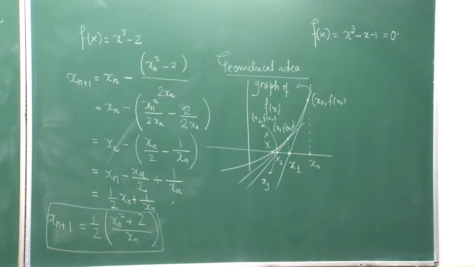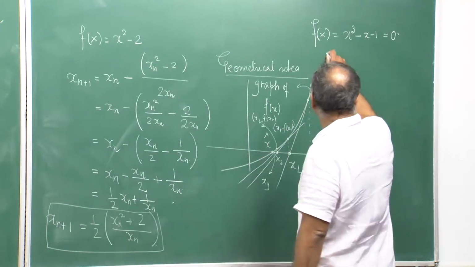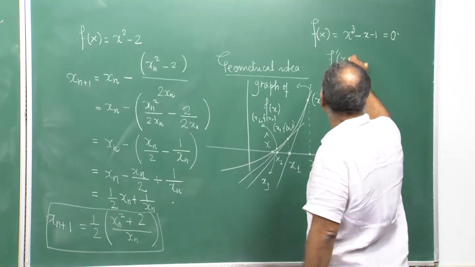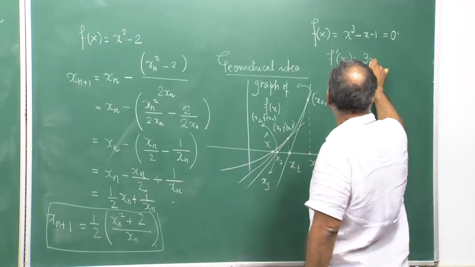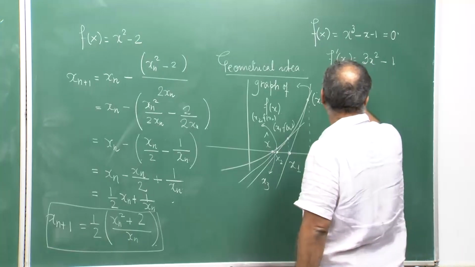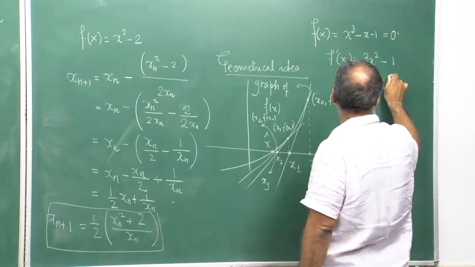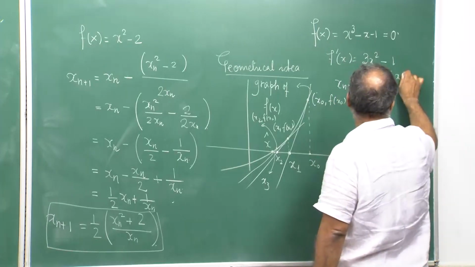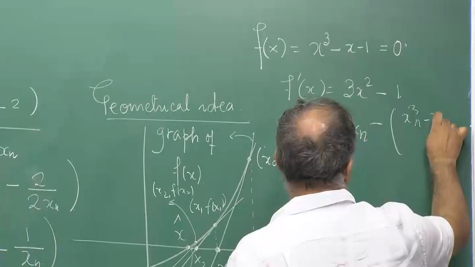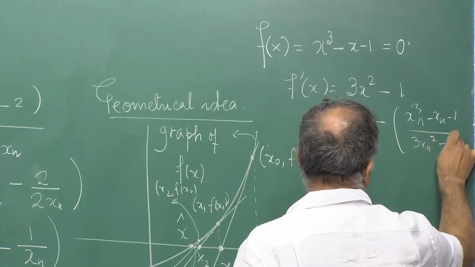You will start with some point and then start moving in, and here you have to find f dash x equal to 3x square minus 1. So your x(n+1) in this case would become xn minus (xn cube minus xn minus 1) by (3 xn square minus 1).